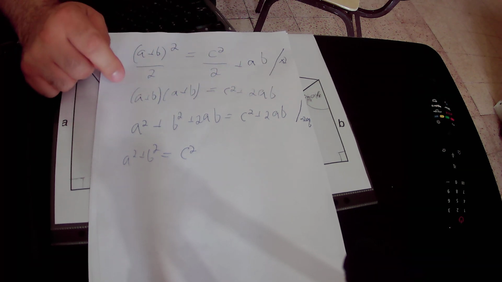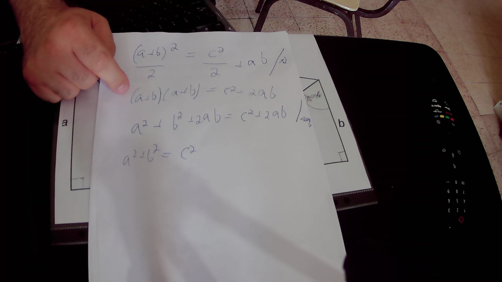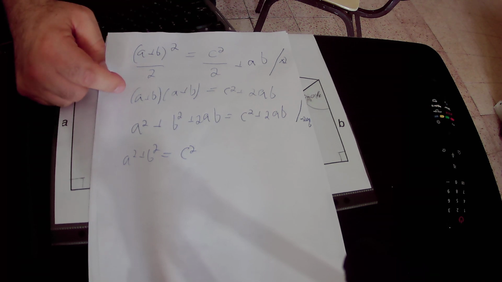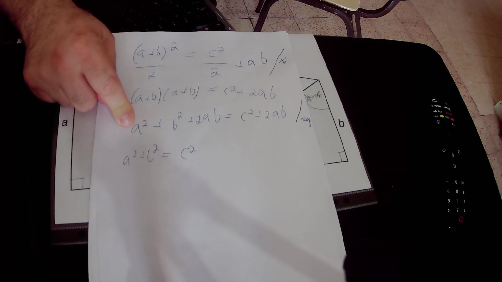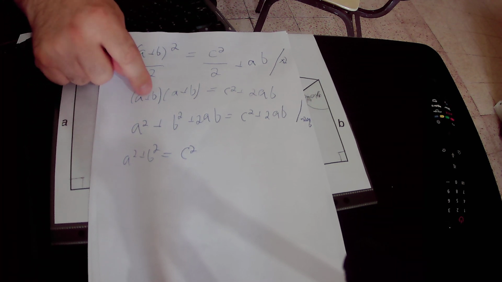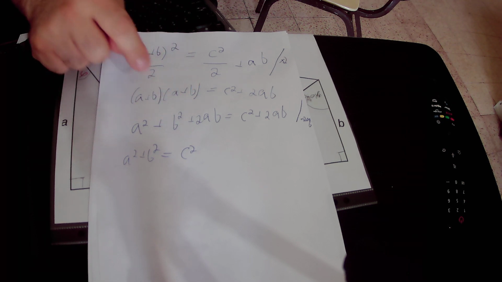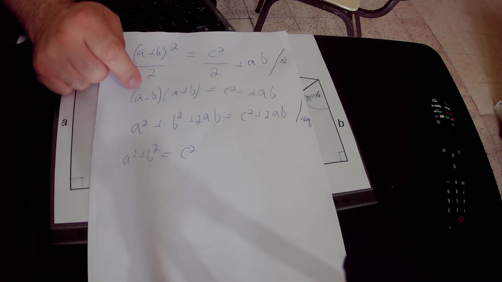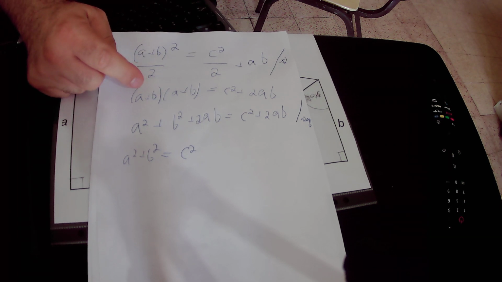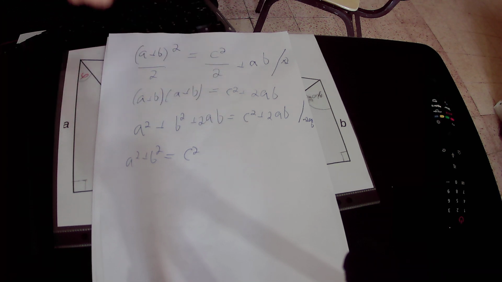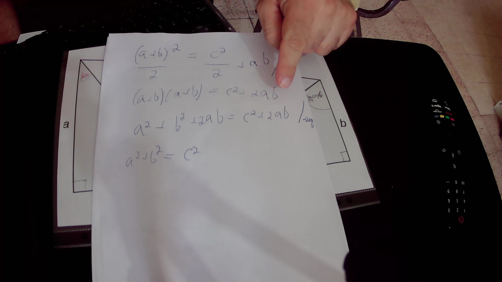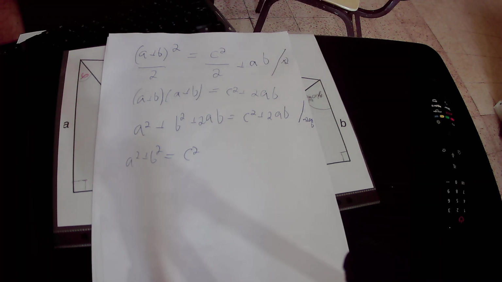If we open the brackets, A times A is A squared, B times B is B squared, and B times A plus A times B is 2AB, which equals C squared plus 2AB.